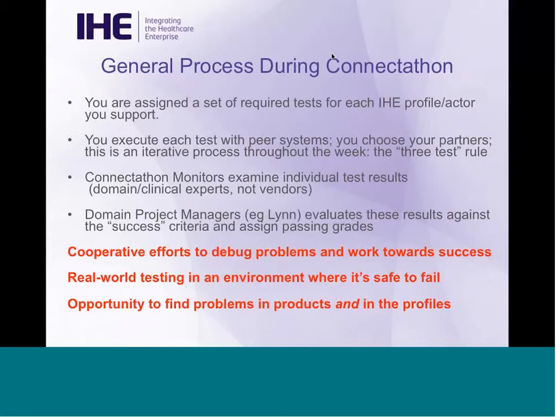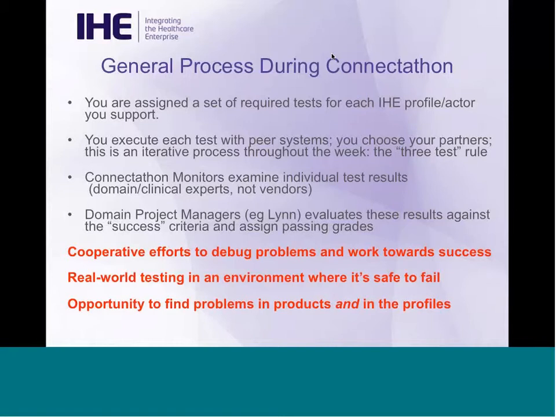So in general, during Connectathon week, you are assigned a set of tests, instructions, tests to run for each profile and actor you have declared or that you support, and you declare your support for those during the registration process. You will execute the tests with peer systems.